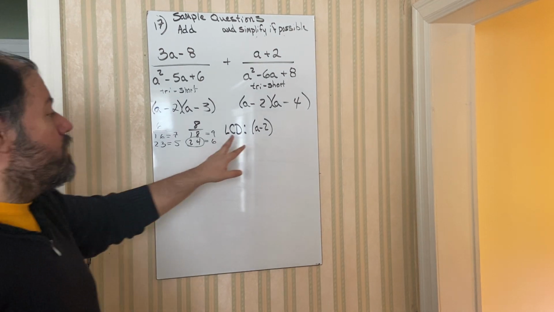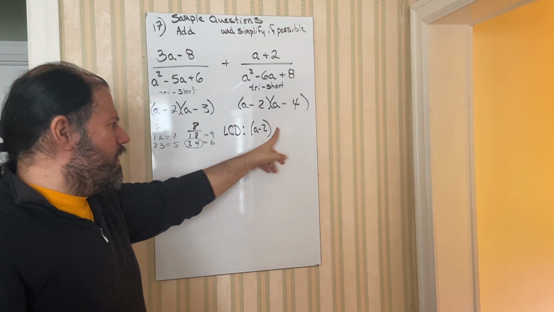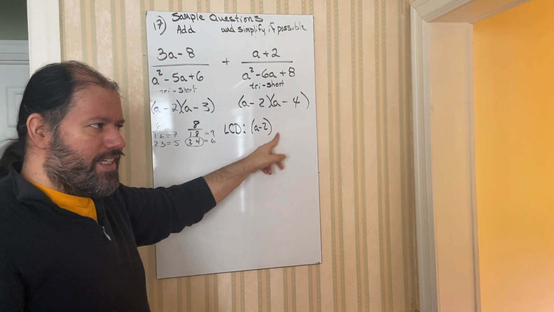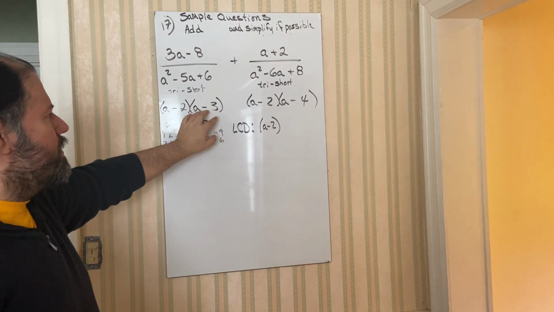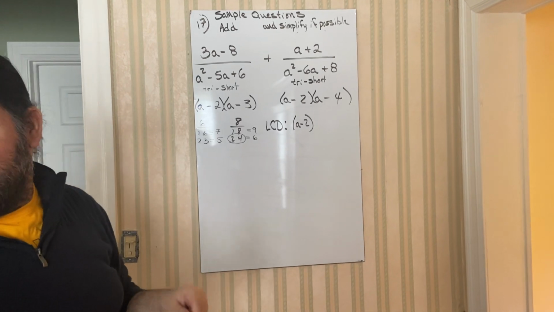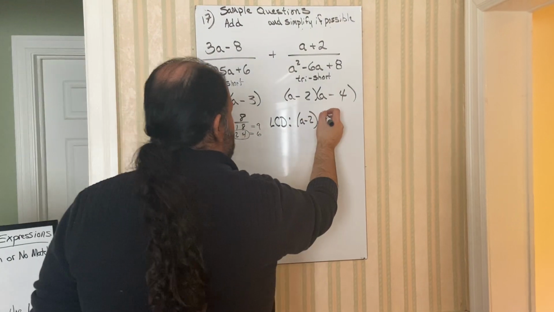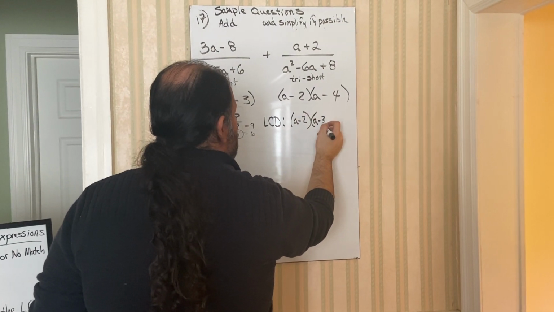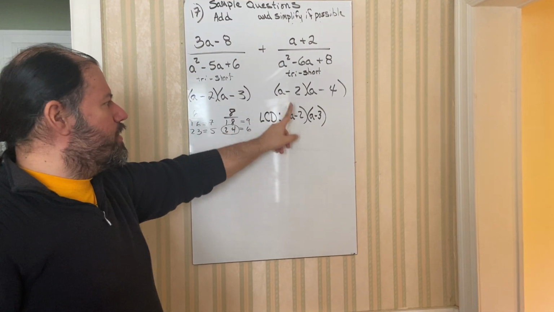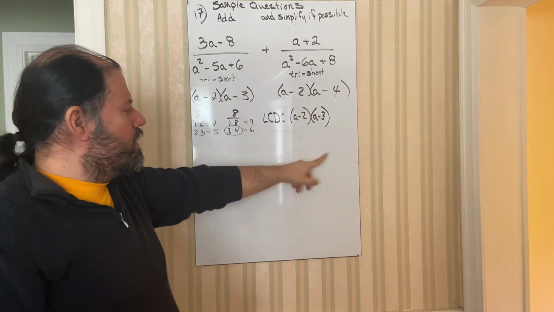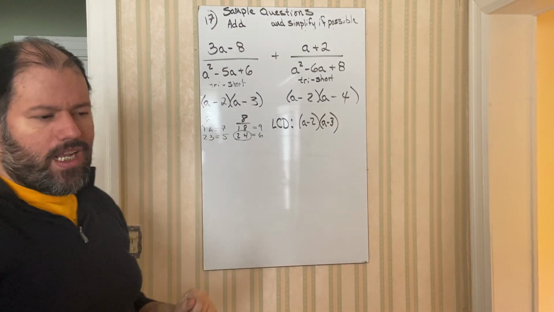No. Do not say, well, I have an a here, so I'm only missing a 3 and put a 3 here. Remember, this is glued together. So you're asking yourself, do you have binomial a minus 3? No. Do you have a minus 2 binomial? Yes. Do you have a minus 4? No.